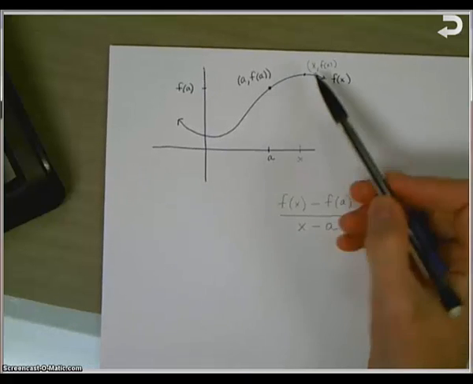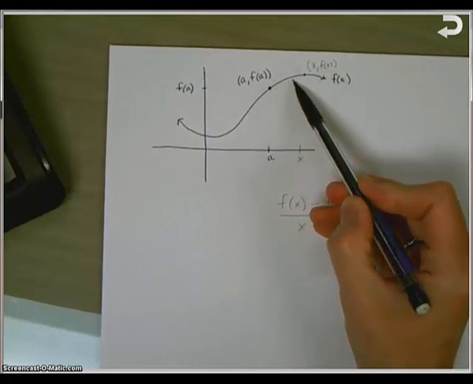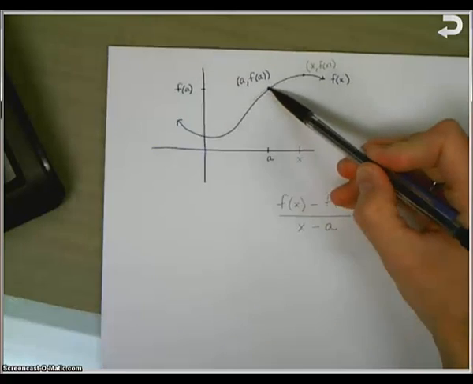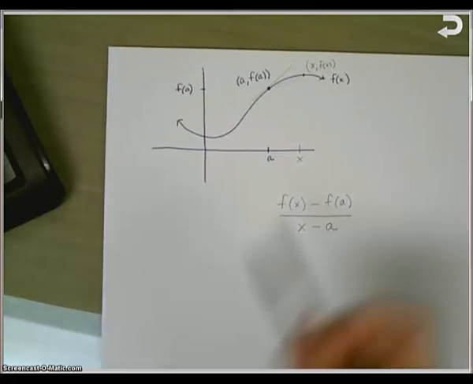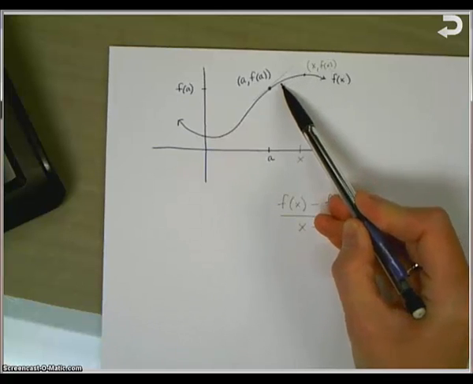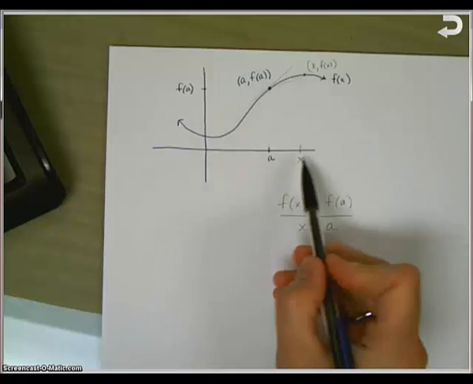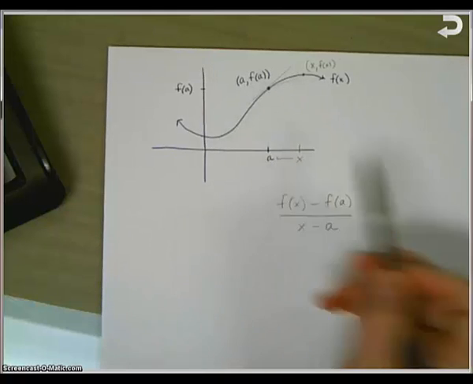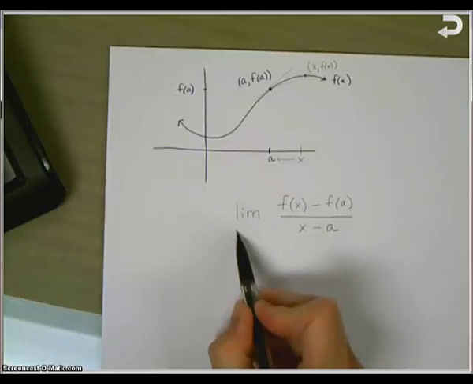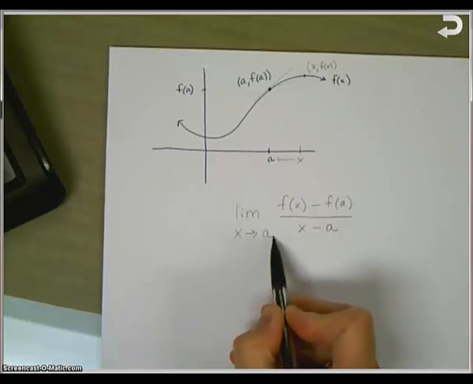Now we found the slope of this secant line, and it was an okay approximation, but we're really looking for the slope of the tangent line, and so it could be a lot better. So we gradually brought this point closer and closer. And mathematically, we're going to take the limit as x approaches a.